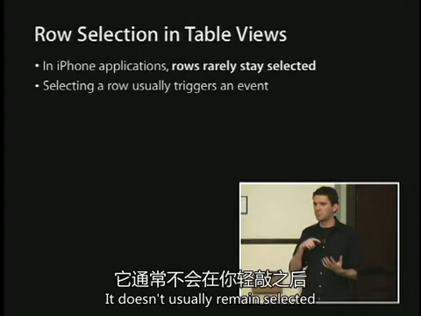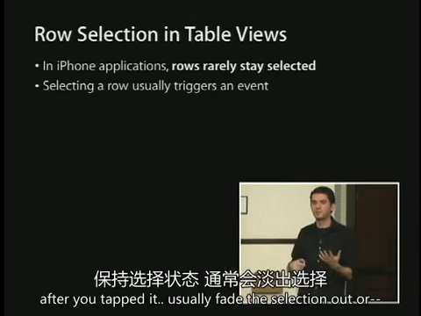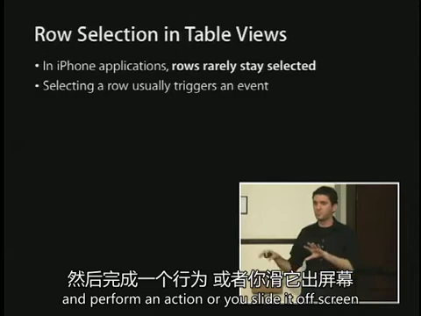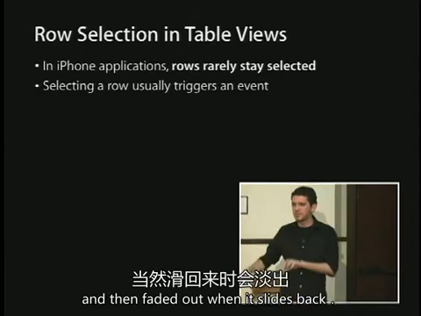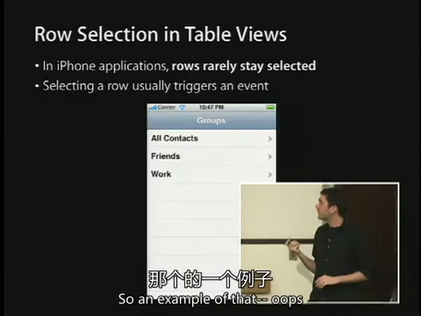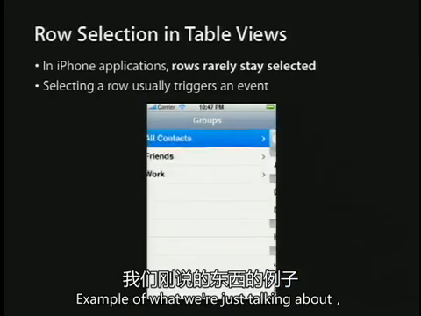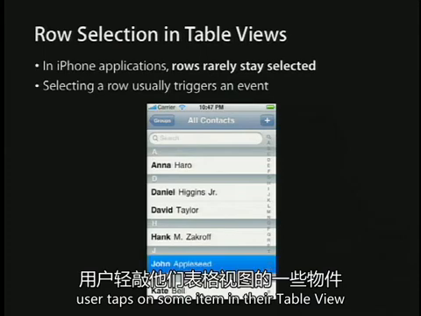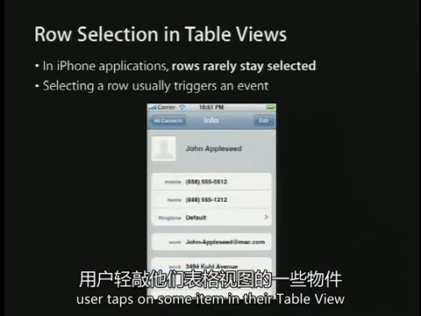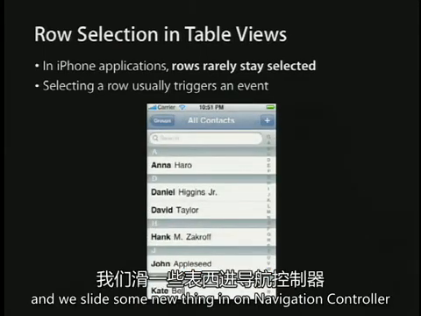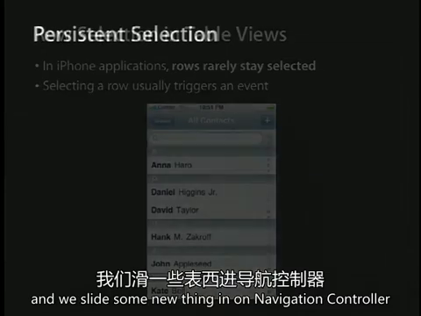It doesn't usually remain selected after you've tapped it. You usually fade the selection out and perform an action, or you slide it off screen and then fade it out when it slides back. Here's an example of what we were just talking about: the user taps on some item in their table view and we slide some new thing in on the navigation controller.